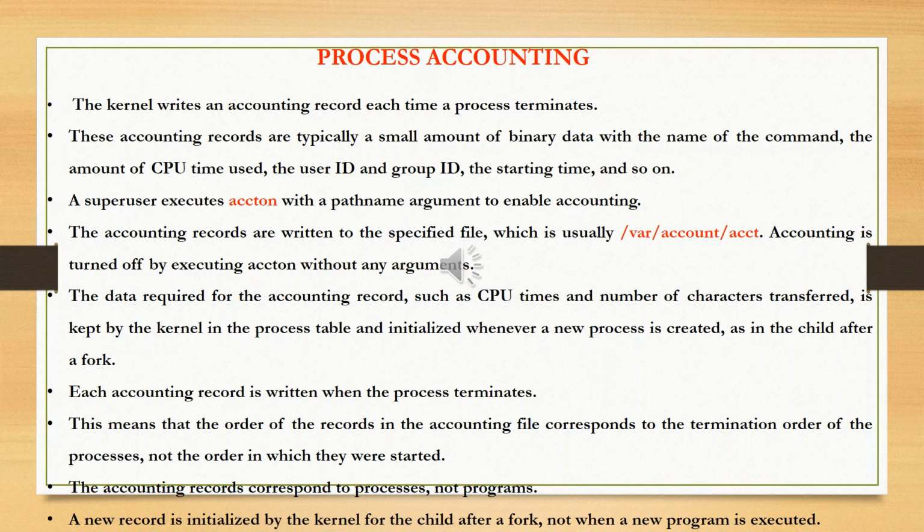The accounting records correspond to processes, not programs, because each process or subpart of the program may be considered separately. A new record is initiated by the kernel for a child after fork, not when a new program is executed.